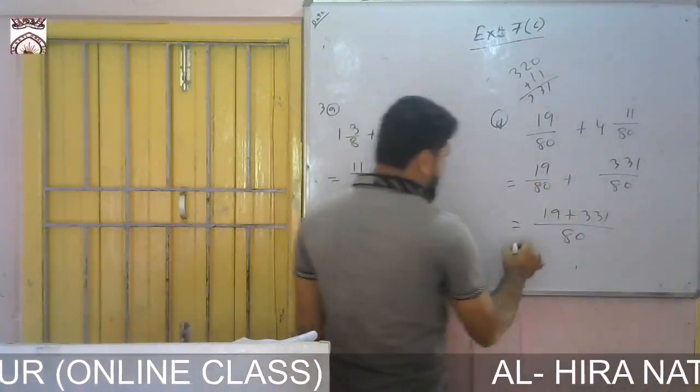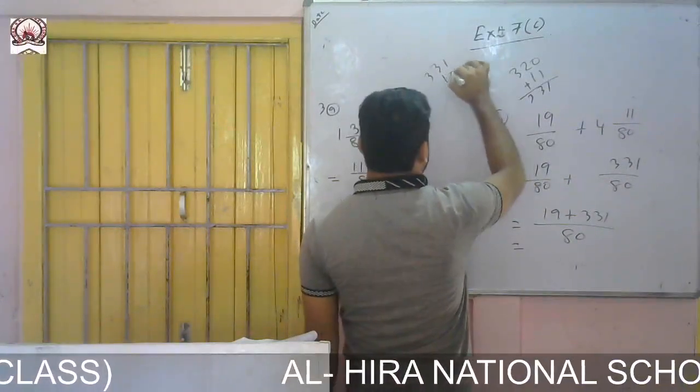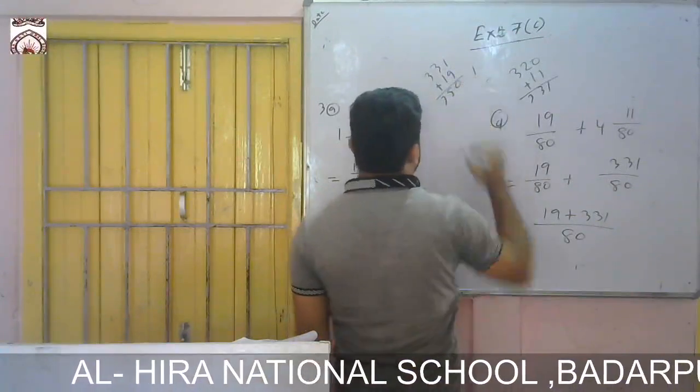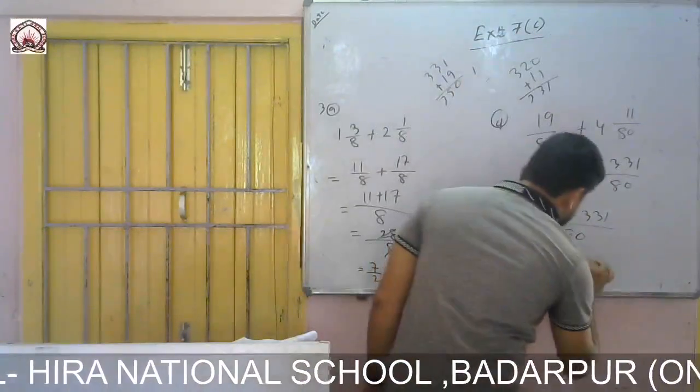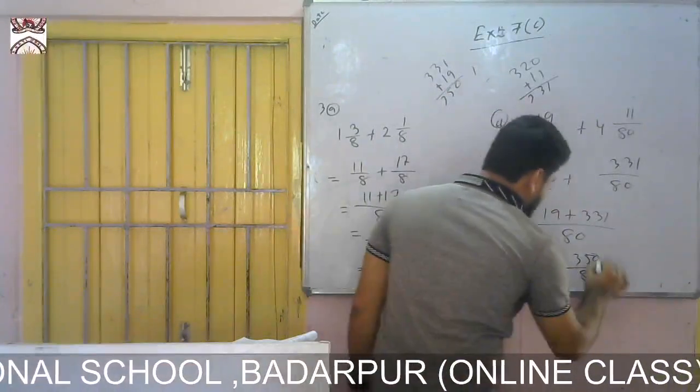Okay, so add 331 plus 19. 0, 3 plus 1 is 4 and 1 is 5, 3, 350. Okay, 350 by 80. Now cancel this 0.